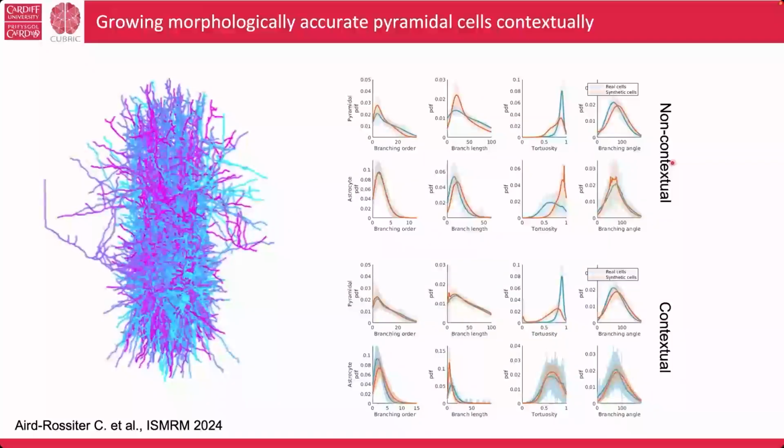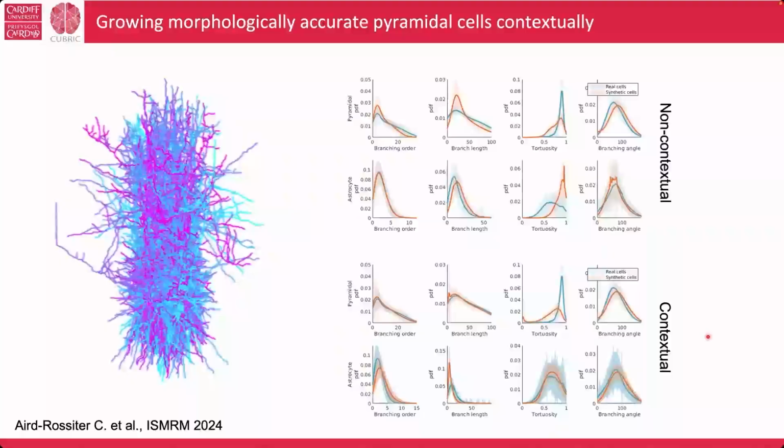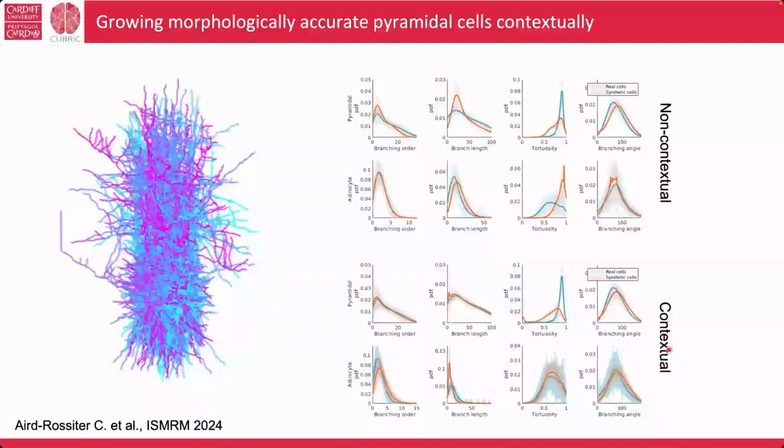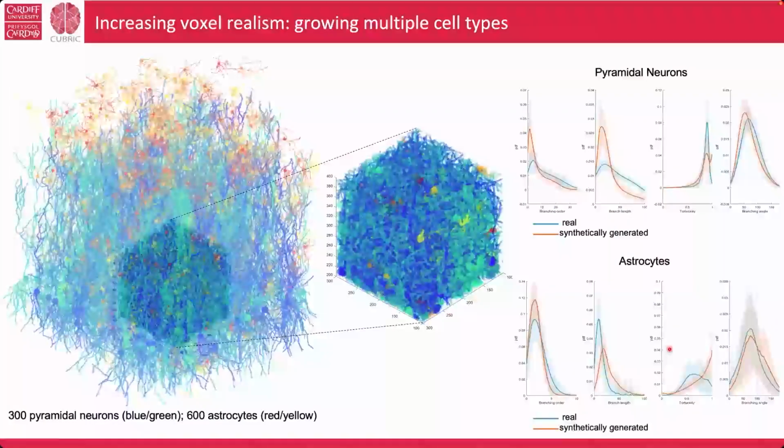But most interestingly, contextually, if you grow them together, they end up being morphologically accurate because we have encoded it in the growth. And Charlie since then has started mixing cell types. So here you see an example of pyramidal neurons and astrocytes, same story, very accurate.